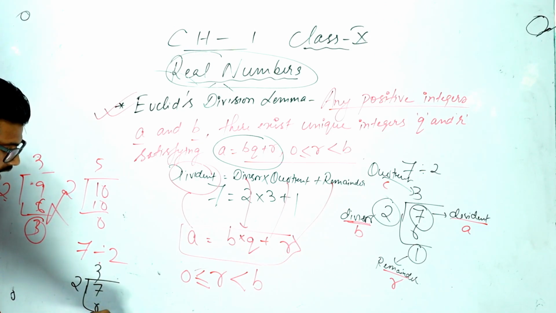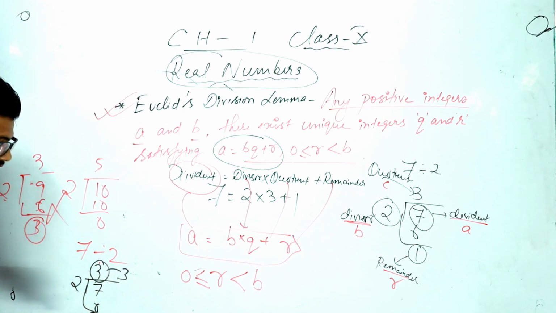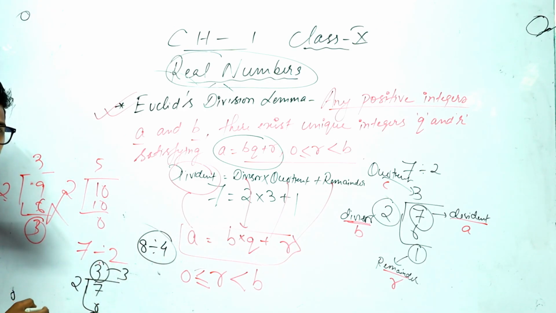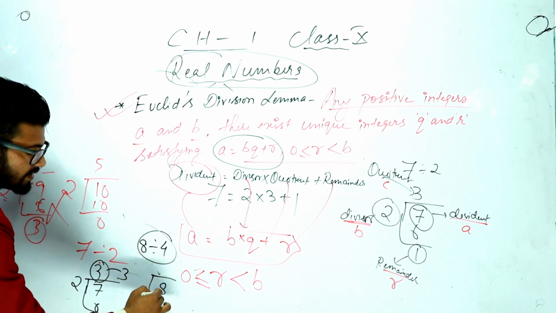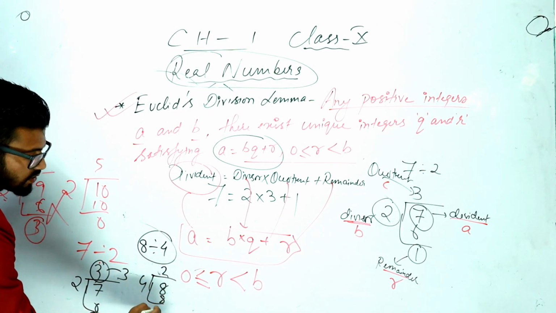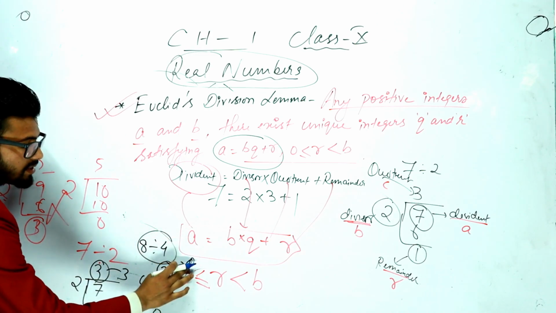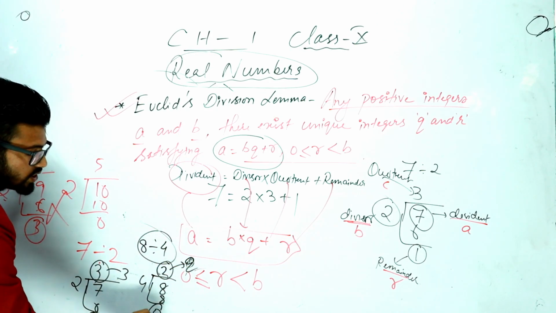Here the remainder is 1 and the quotient is 3. Now if I say divide 8 by 4, 4 twos are 8, 0. That means 2 is your quotient, Q, and 0 is your remainder.